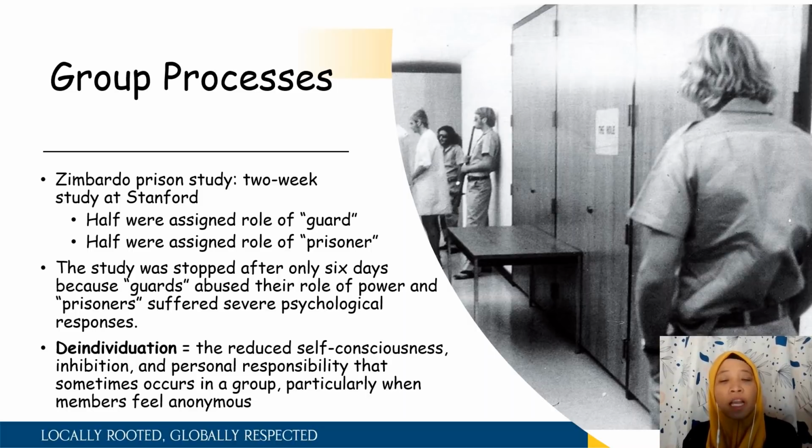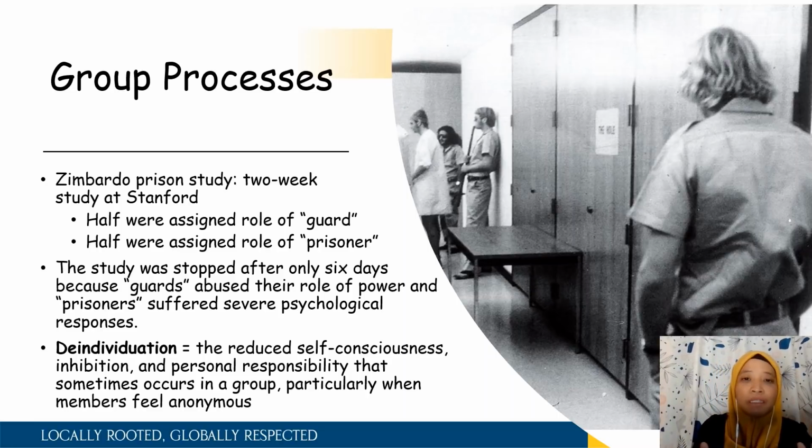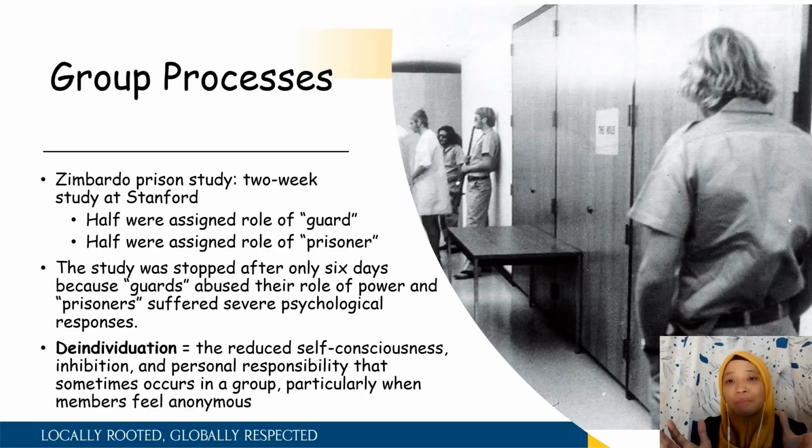They feel that other people will not look at them personally, but just as a group. So if they do something bad, they feel they will not be blamed personally, but the group will be blamed, not them as individuals. That's what they think, because they feel anonymous.